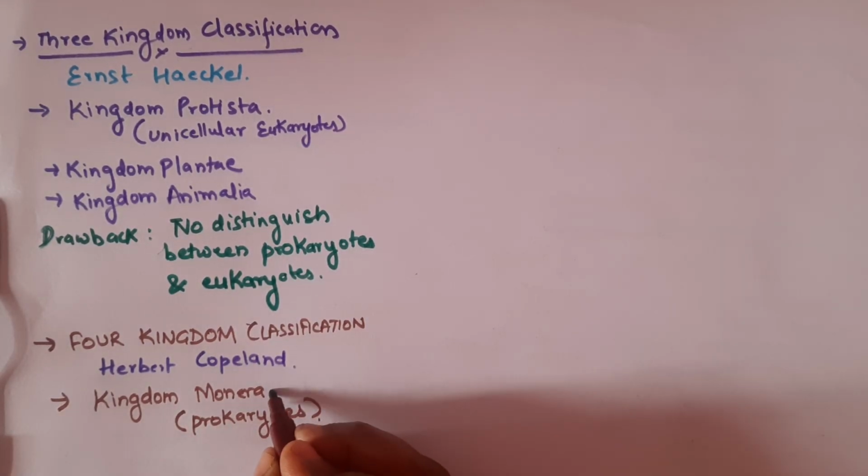We have kingdom Monera. The other kingdoms are kingdom Plantae, kingdom Animalia, and kingdom Protista. And the fourth one is the kingdom Monera.